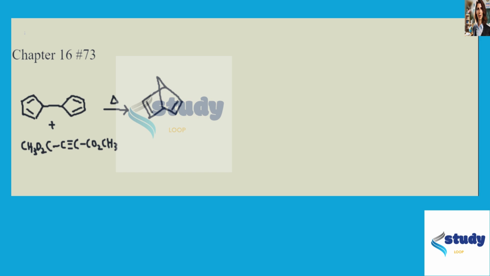And since an alkyne is one of our starting materials, we're going to have two double bonds in the product material. And so we'll have this. And then up here will be whichever one of the cyclopentadiene equivalents did not participate in the Diels-Alder.